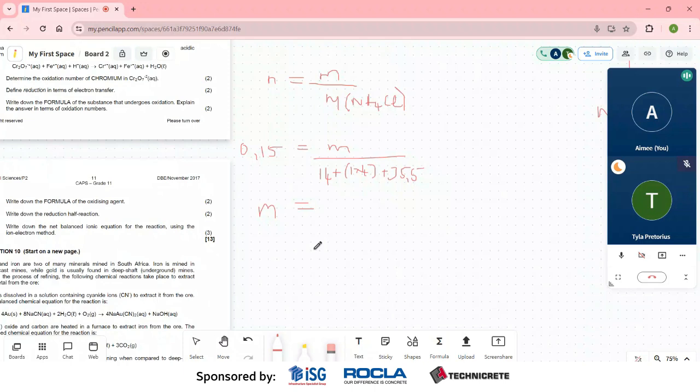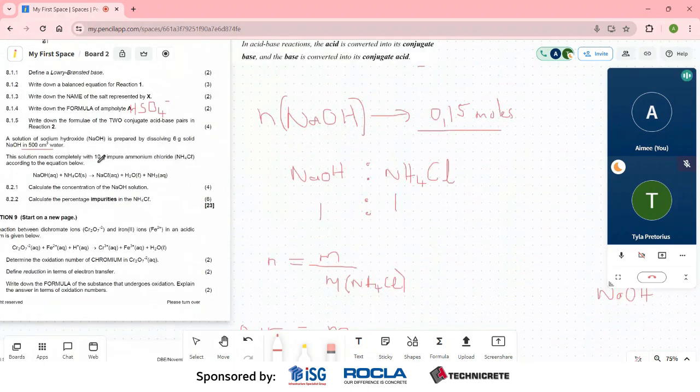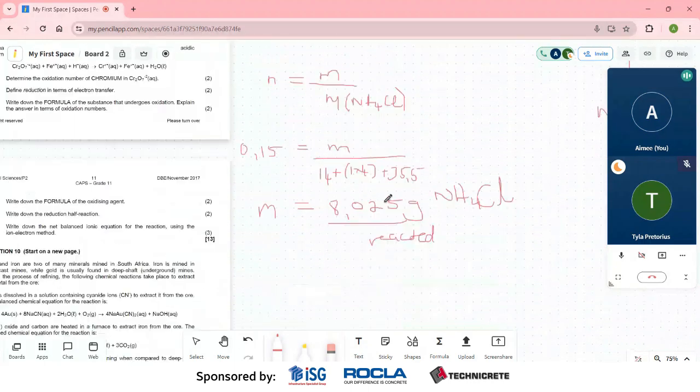So 0.15 times 53.5 gives us a mass of 8.025 grams of NH4Cl. So this is what reacted. Okay, they said that 10 grams of impure was added.